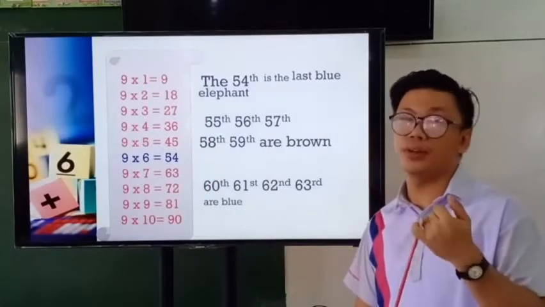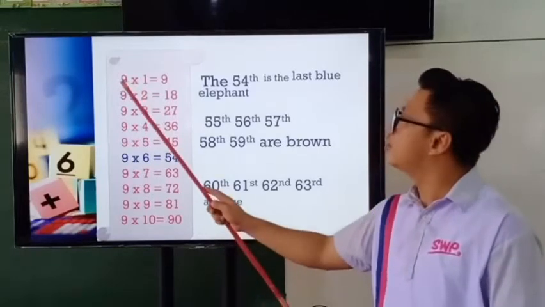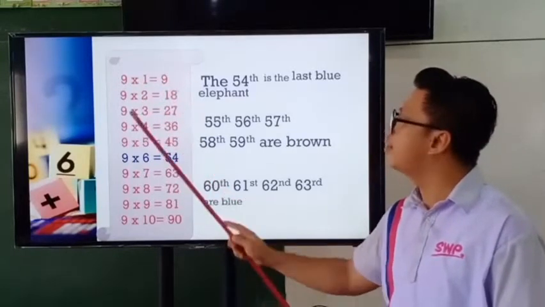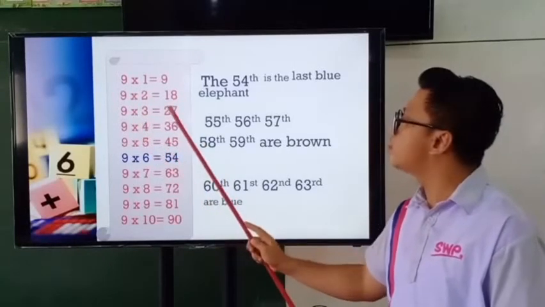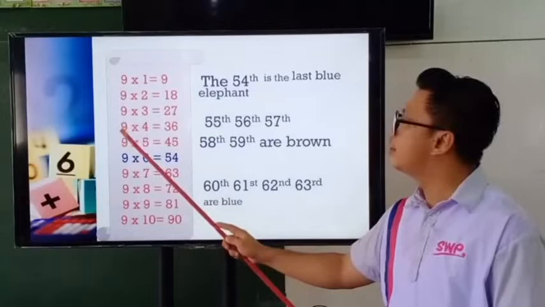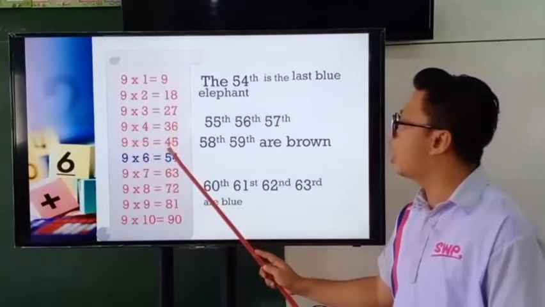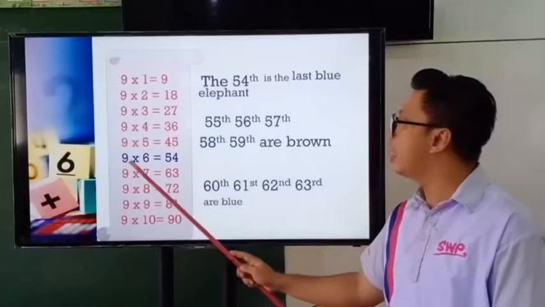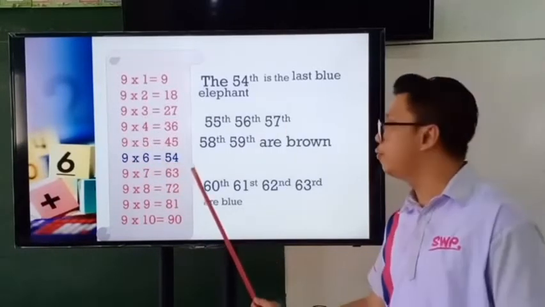So we will start with 9 times 1. 9 times 1 is 9. 9 times 2 is 18. 9 times 3 is 27. 9 times 4 is 36. 9 times 5 is 45. 9 times 6 is 54. Oops, 54.